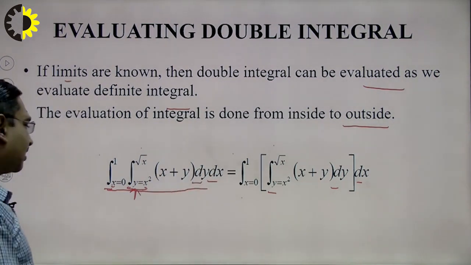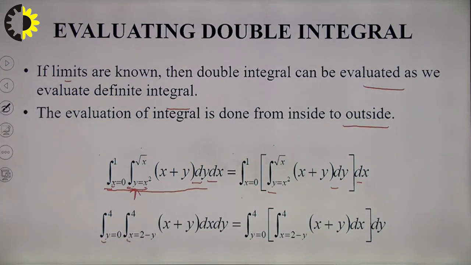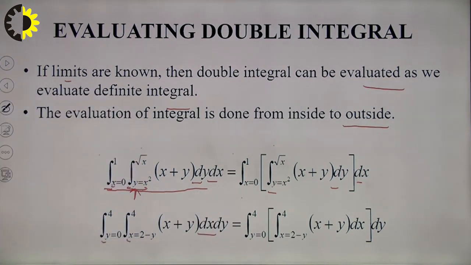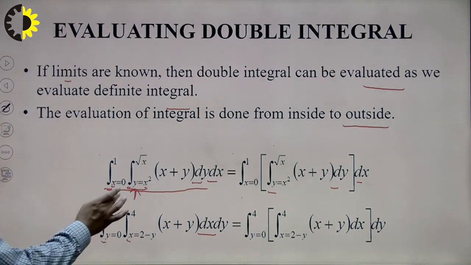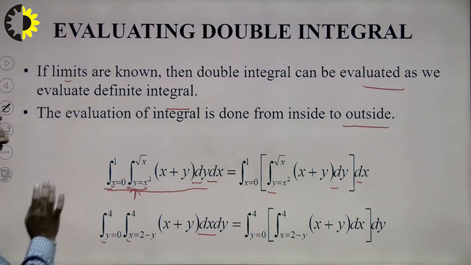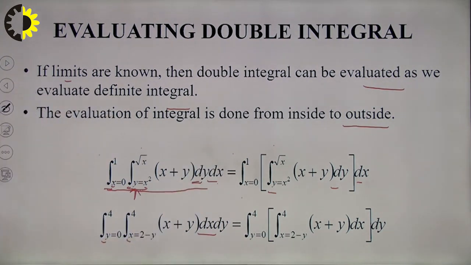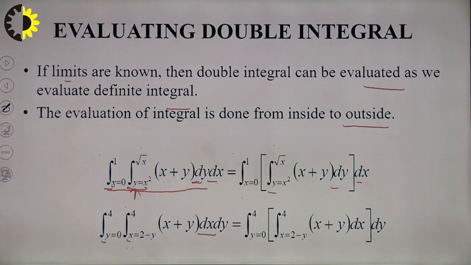If the limits are from x inside and y outside, then most books follow the convention dx dy. But we will not be rigid about this and we will stick to our sequence of limits. Thus, we will not bother about the order dy dx, but in our convention we shall see the sequence of limits, and this sequence will tell us what sequence is to be followed when integrating.